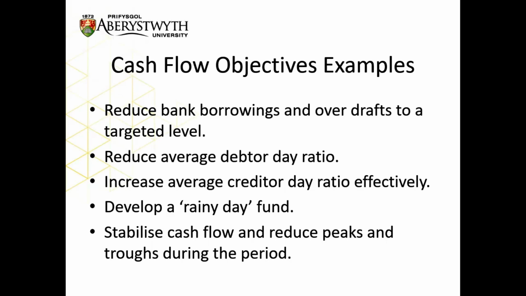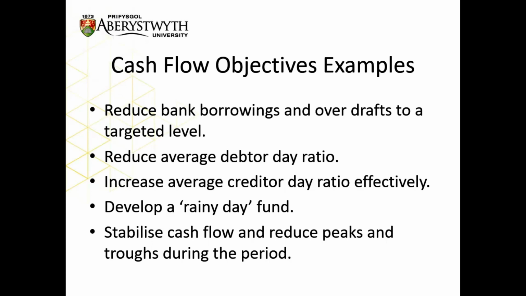So examples of cash flow objectives may include reducing bank borrowings and overdraft to a targeted level, and reducing the average debtor days ratio, so trying to chase your debtors for earlier payments so the cash is received quicker and can help your cash situation.